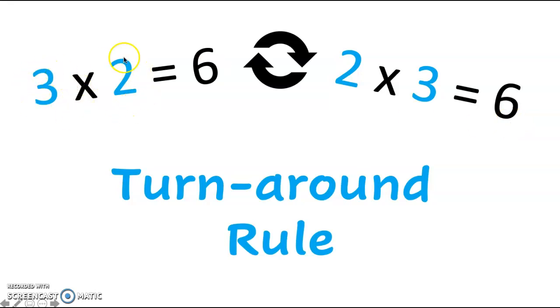Notice how I've got the same factors, but they are flipped or they are turned around. And I have the same product in both multiplication problems. So it doesn't matter if you turn around the factors, you will always get the same product when you are multiplying.